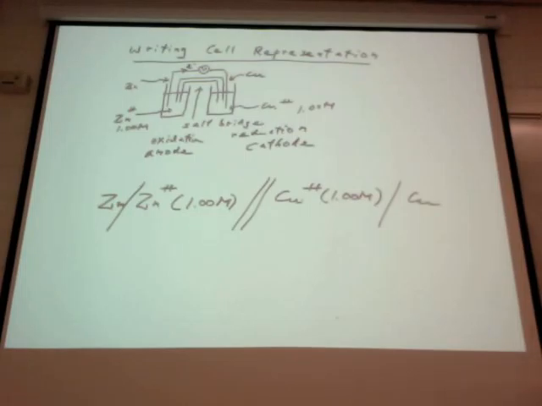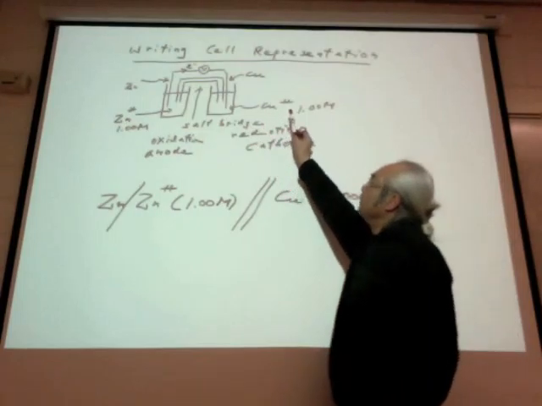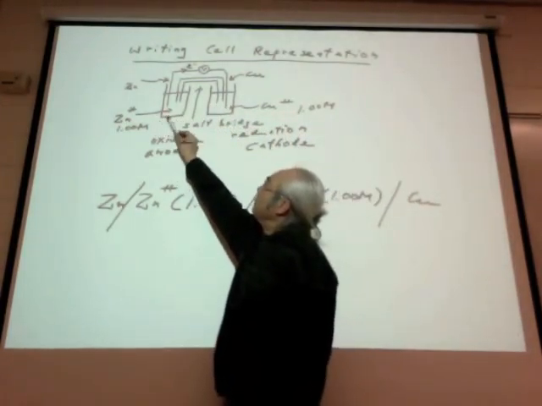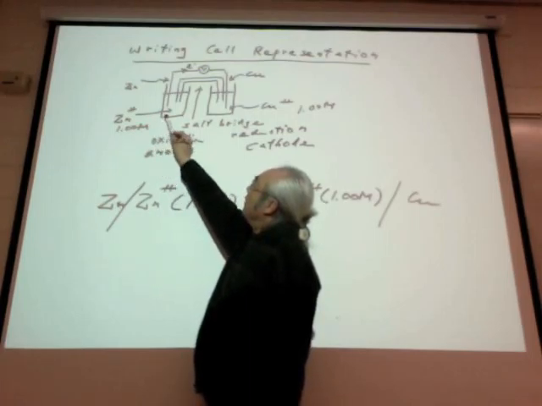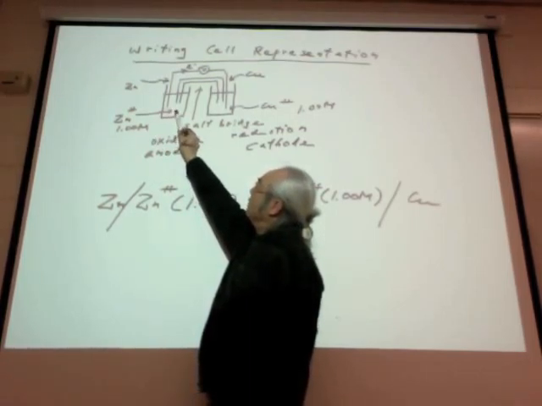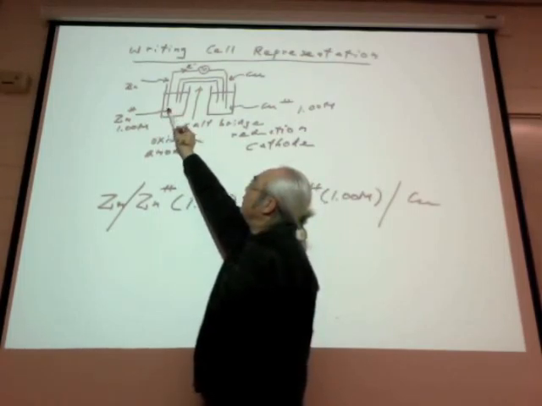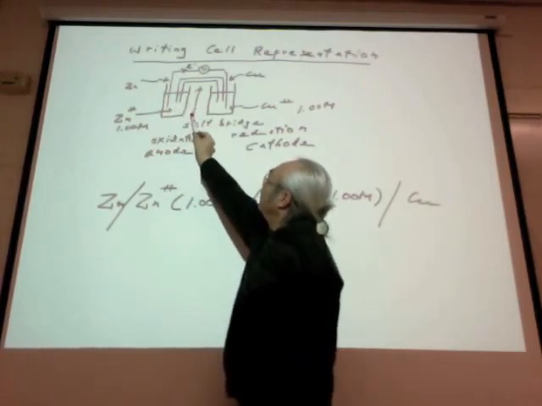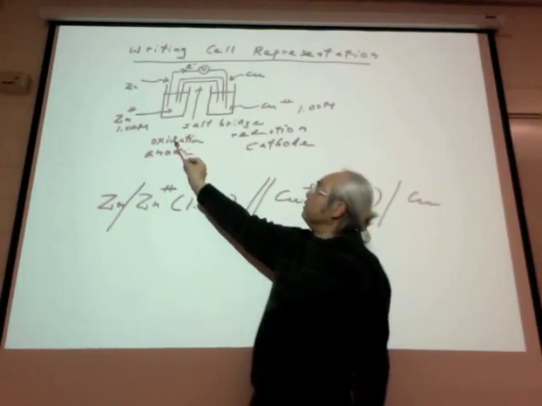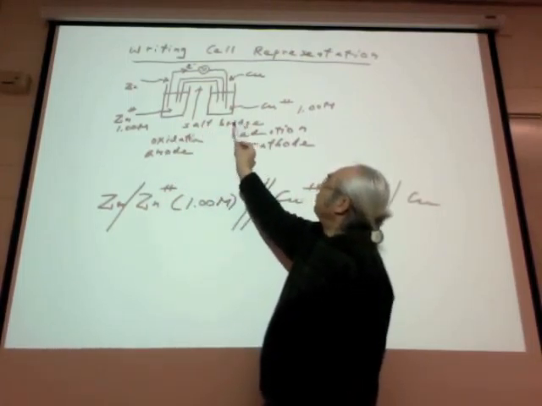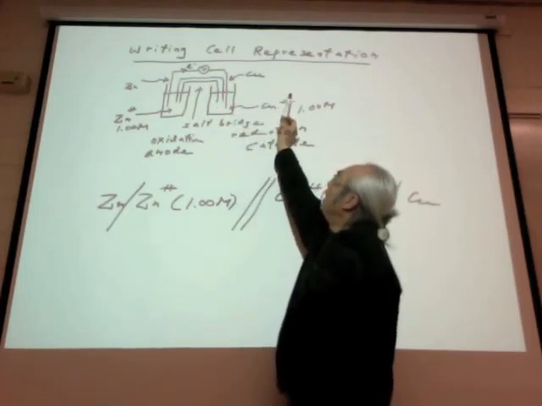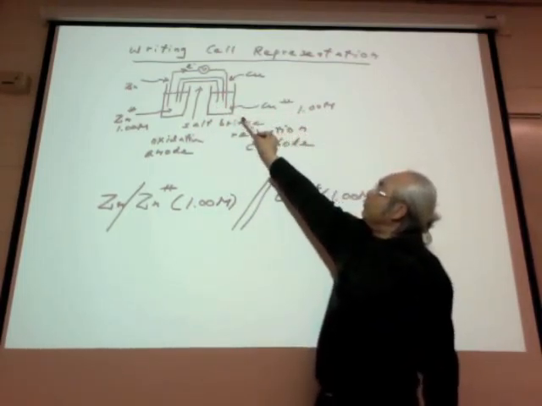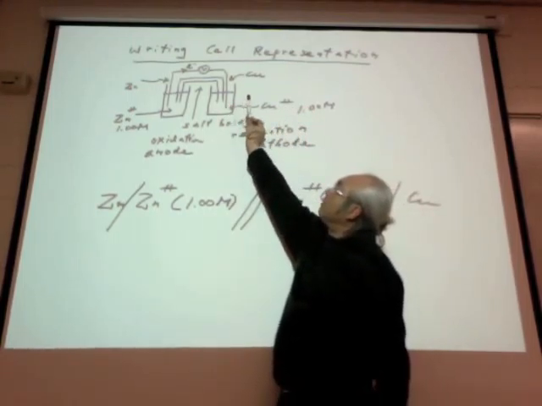Recall, you learned how to write cell representation in 1B. Here's a reminder. Here is your actual cell diagram. For example, one electrode is filled with the zinc ion solution with this concentration. Then you have a conductor that is zinc metal. On the left is oxidation, so this is the anode. Then you have a salt bridge in between, and on the right you have a copper ion solution with this concentration along with the conductor.